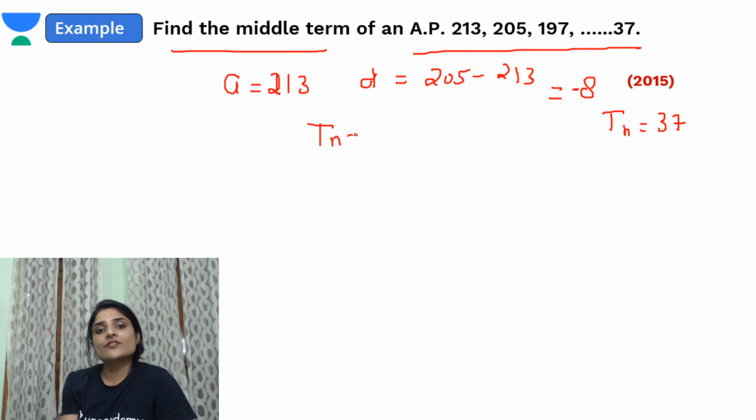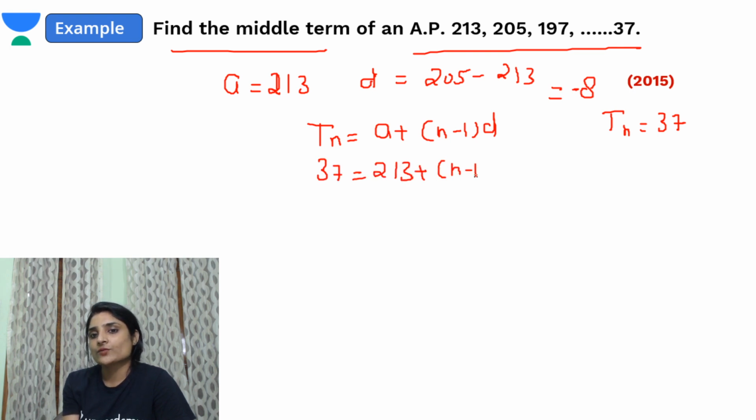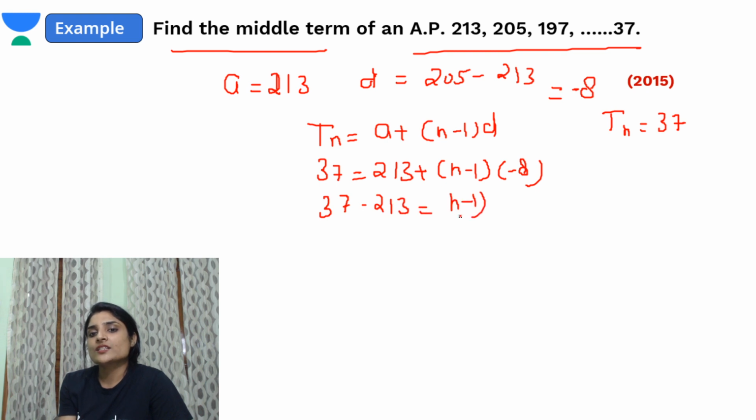You can apply the formula Tn is equal to a plus (n minus 1)d. That is 37 is equal to 213 plus (n minus 1) into minus 8. Okay, so once you calculate this, you will get 37 minus 213 is equal to (n minus 1) into minus 8. And what will you get once you subtract that? How much will you get?